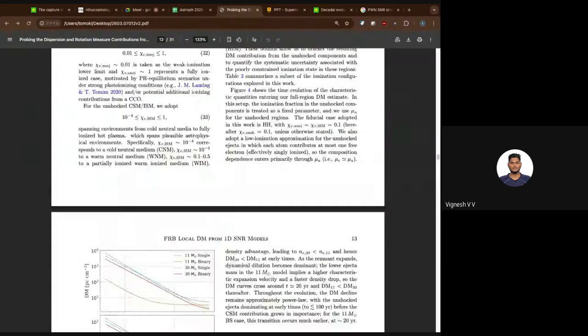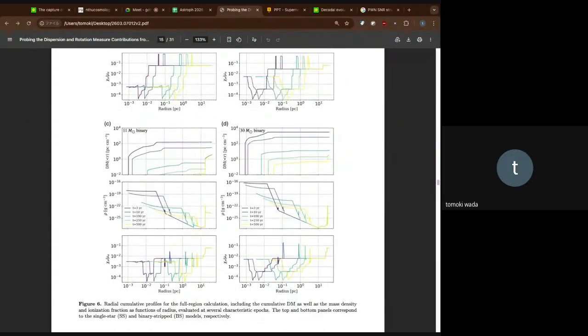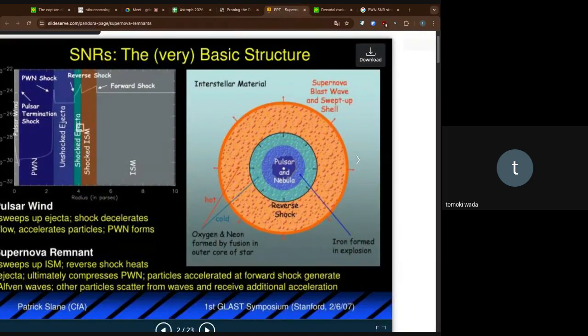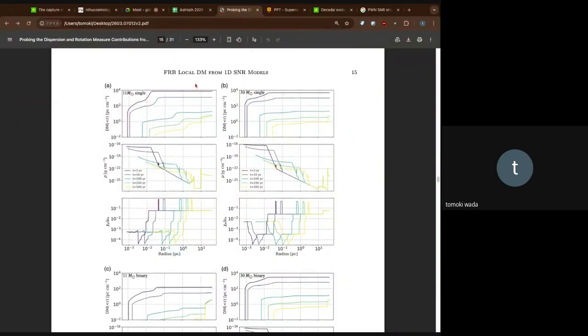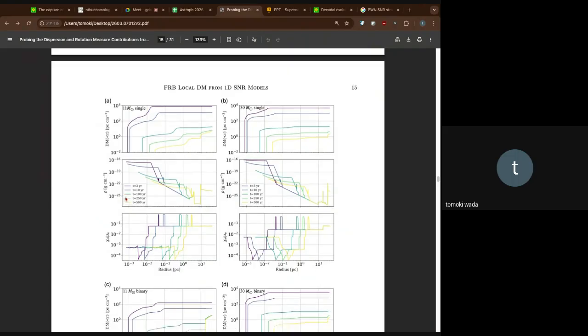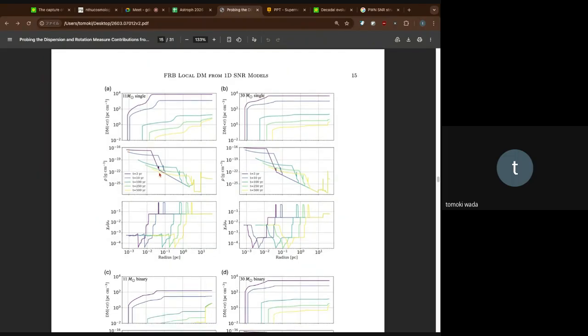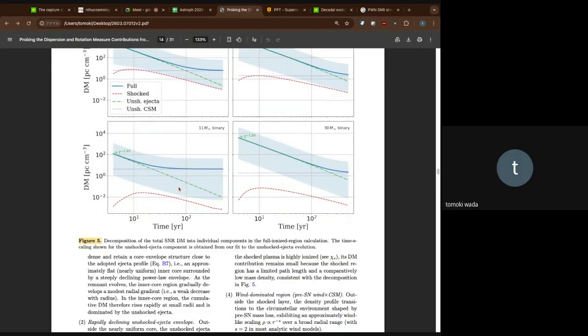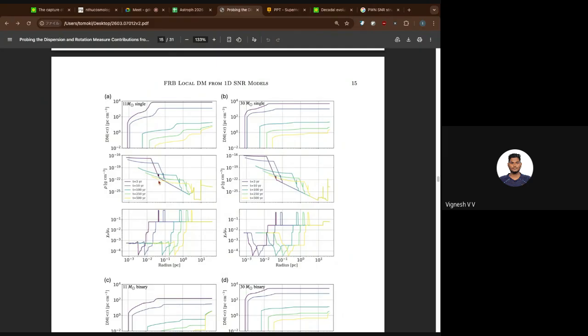How do they differentiate that? Maybe I skipped that part. They did a one-dimensional numerical simulation for all of these structures. So using this result of numerical calculation, we can estimate. Okay, so they are taking the profile of all the components, right? Yes. Okay, that answers my first question.